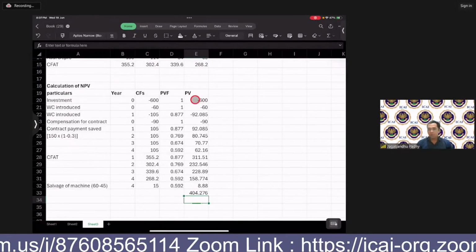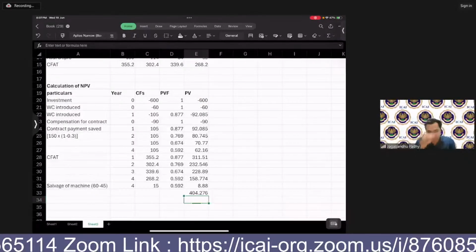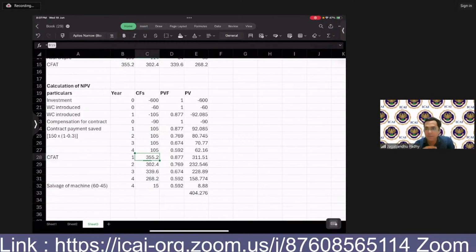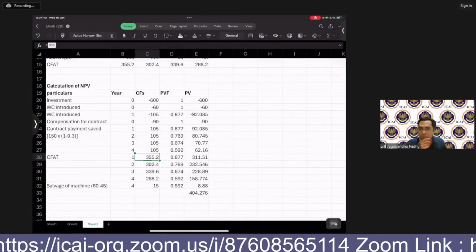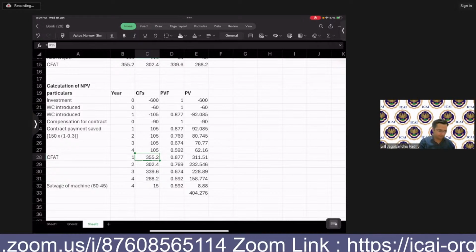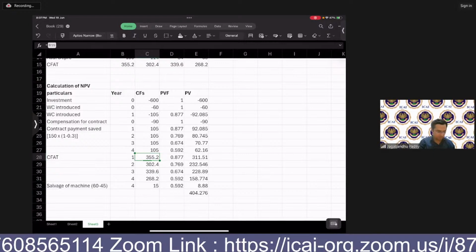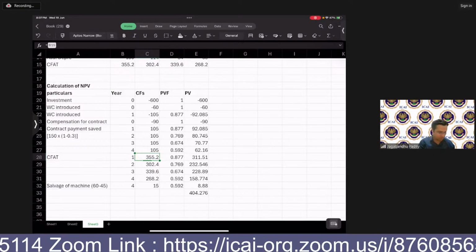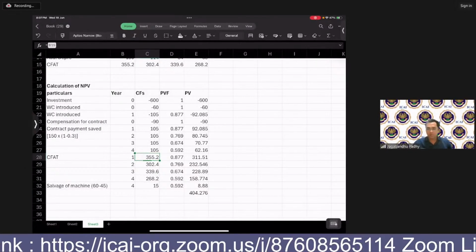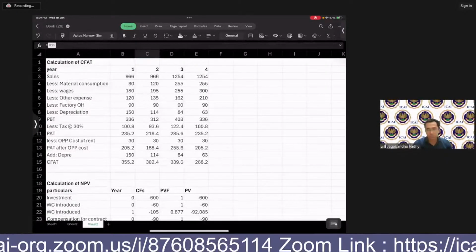Let me see if we're getting a similar answer. There is some difference. 105 profit, CFAT is 355. Institute solution has got 336 plus 150, minus 100.8. Tax on profits, 600, 336.